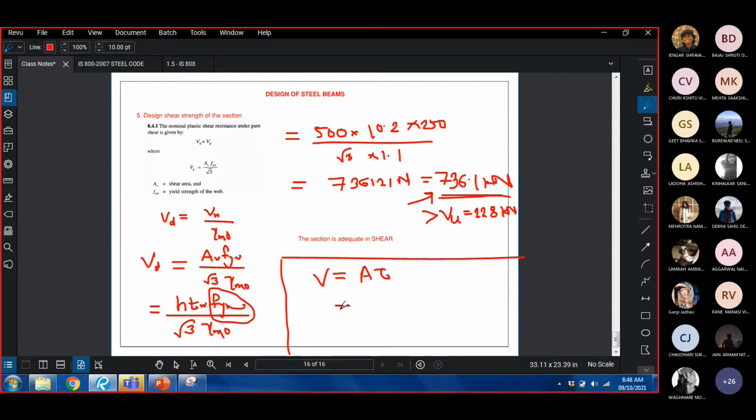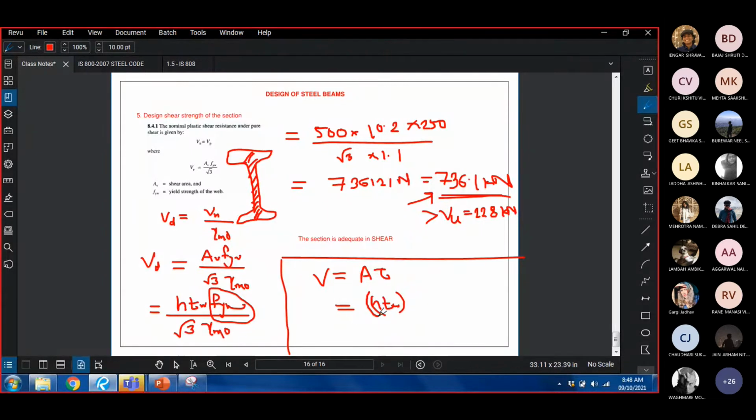So I substituted HTW for A. This is the area. Now, if this is your section, this portion will resist shear, but this portion will resist the majority of the shear.